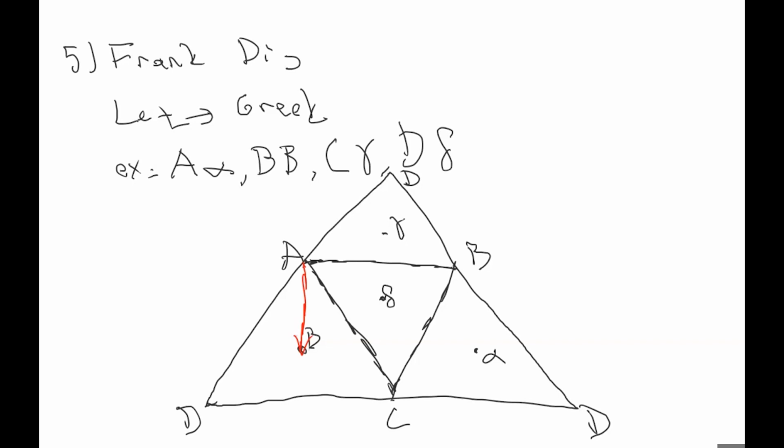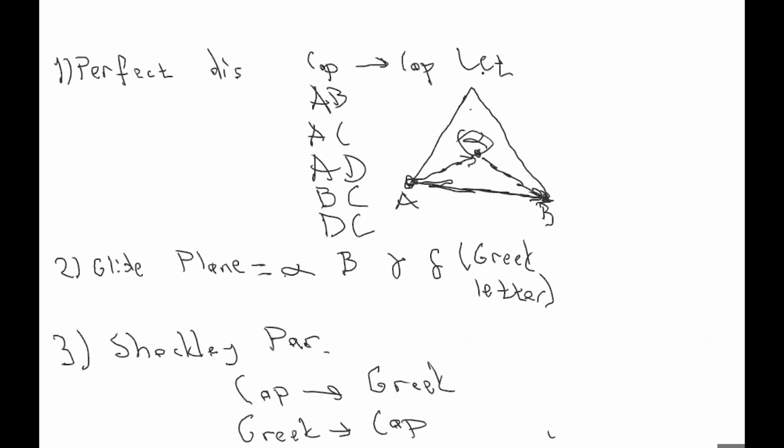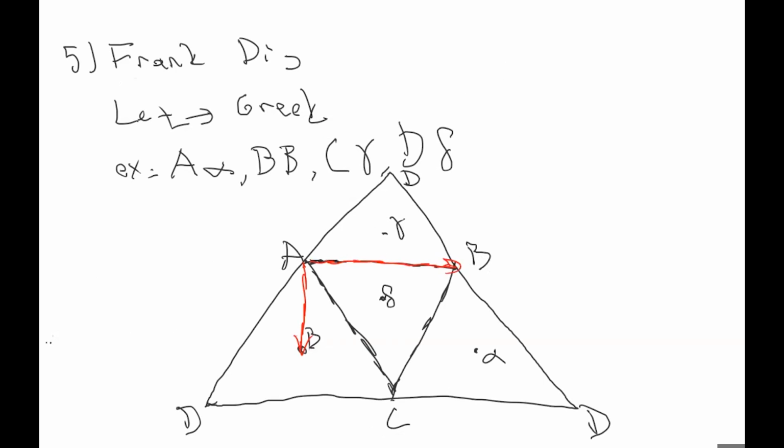I think so. So let's firstly draw AB. This is a full dislocation, right? Let's go to the representation: capital to capital is a perfect dislocation, AB.